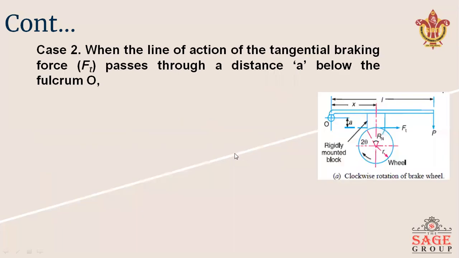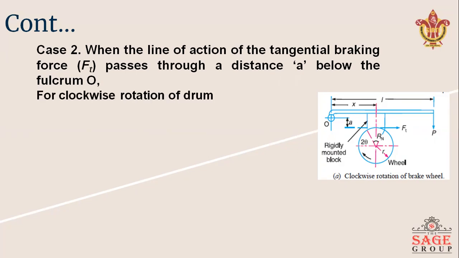Second case: when the line of action of the tangential braking force passes through a distance small a below the fulcrum O. Here you can see this diagram for clockwise rotation of the drum. Similarly, we have to calculate the value of braking torque. We take the moment about the fulcrum O for clockwise rotation.